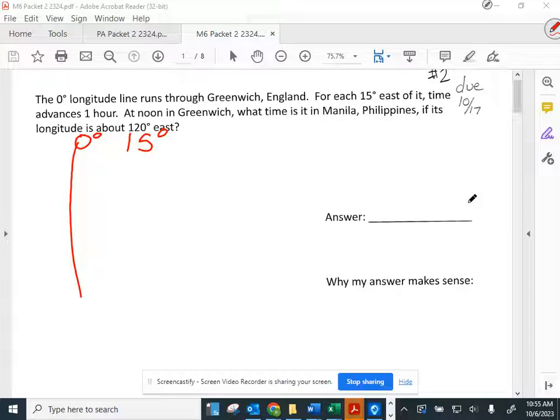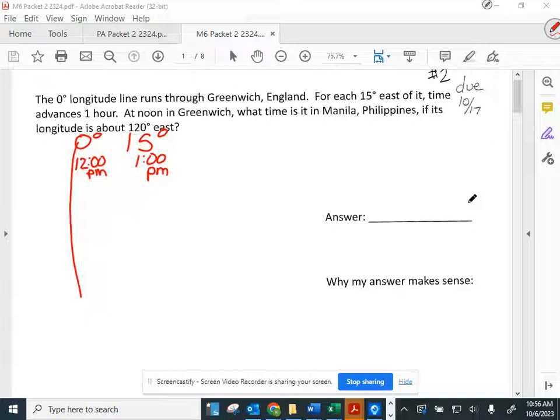At noon, so it's 12 o'clock p.m. in Greenwich, what time is it in Manila, Philippines, if its longitude is 120 degrees east? So think, at 0 degrees, it's noon. What time is it at 15 degrees? 1 o'clock p.m.